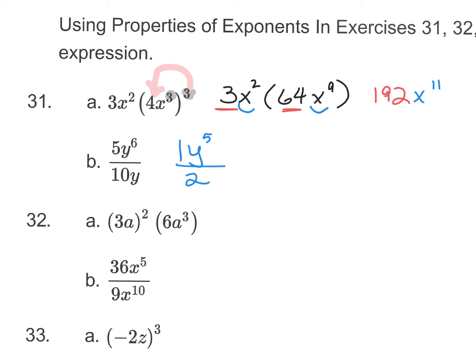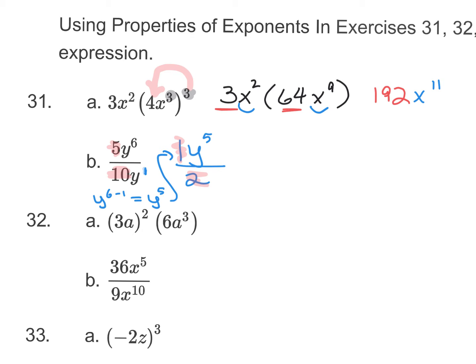If you put the 1 in front, that would be acceptable because I reduced 5 over 10 to the 1/2, and then I subtracted. Remember, this y has an assumed 1 on it, so I'm really doing y to the 6 minus 1 power, which gives me y to the 5th. It's positive, so it gets written in the numerator.